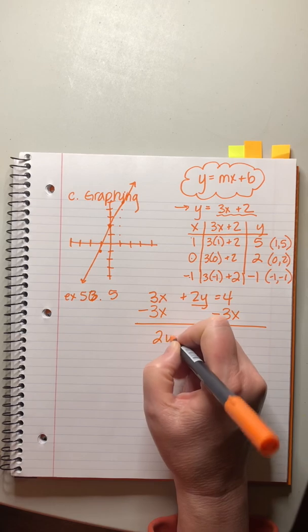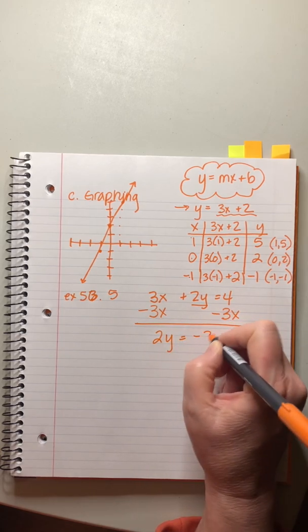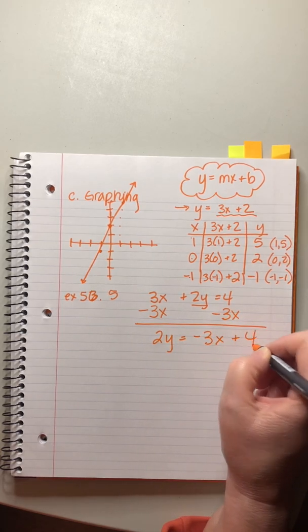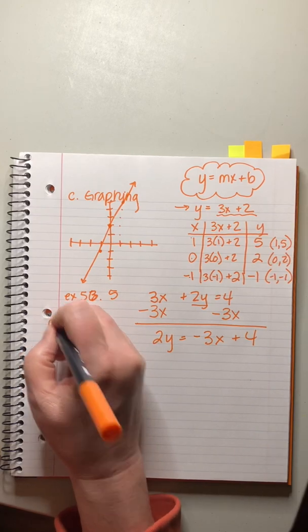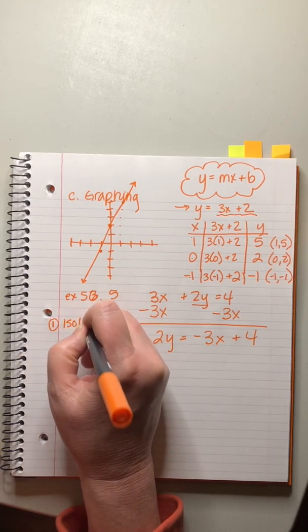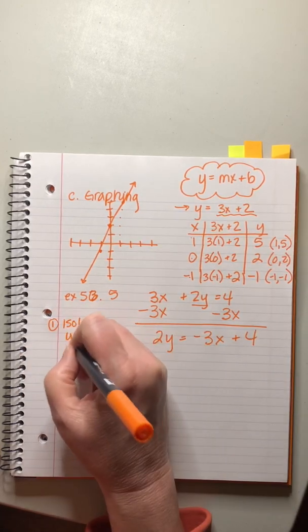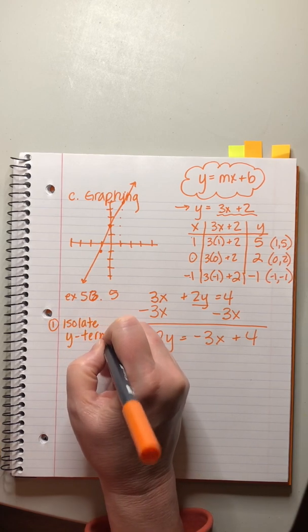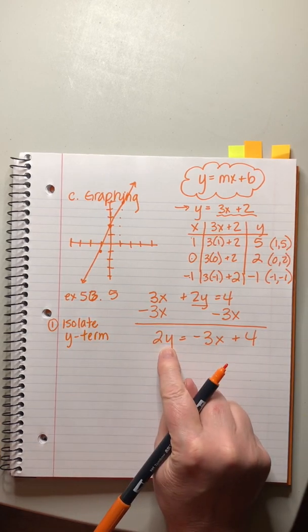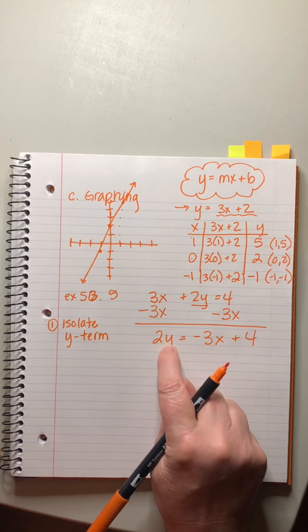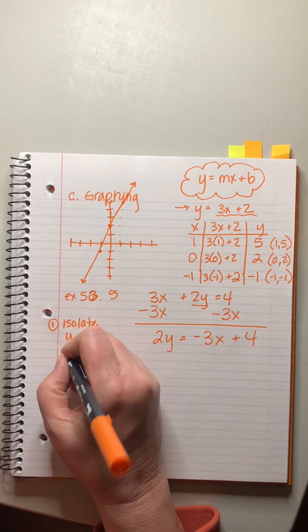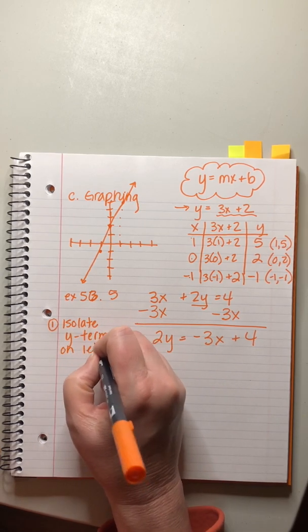And now we get 2y equals minus 3x plus 4, okay? So one is isolate the y term. And what I mean by y term is it's okay that it's got a letter in front of it. We just want the clump with the y in it on the left.